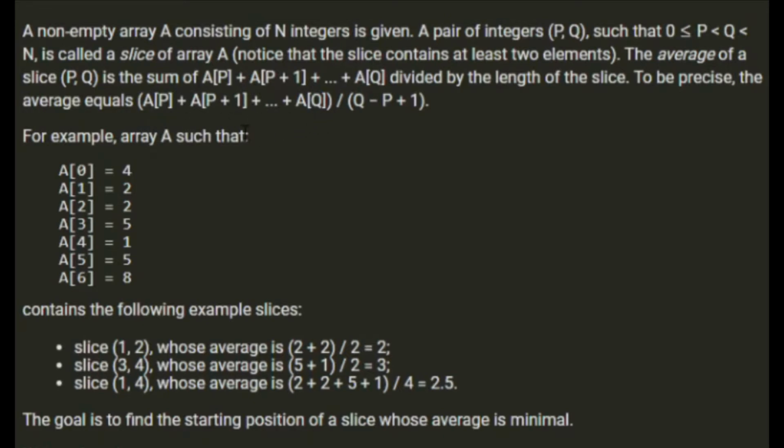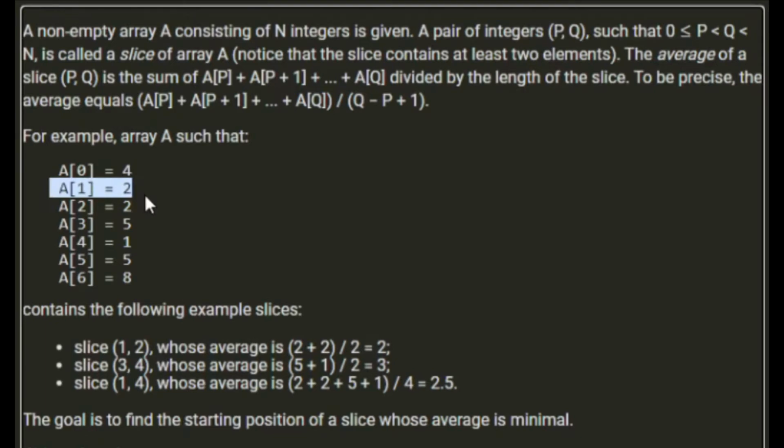For example, the array A equals 4, 2, 2, 5, 1, 5, 8 contains the following example slices. Slice 1, 2 is 2, 2.